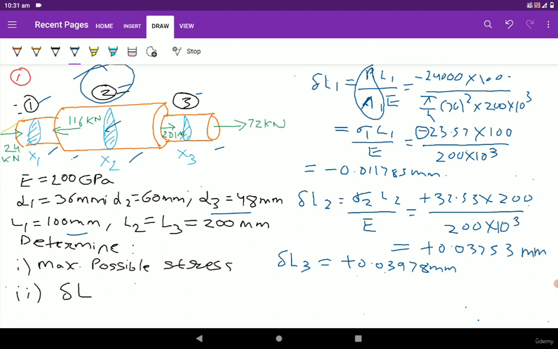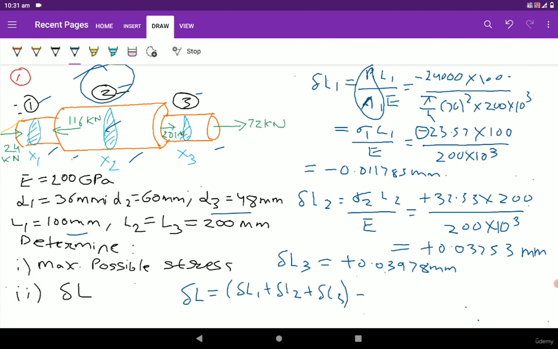Now the final change in length, delta L, we have to take as delta L1 plus delta L2 plus delta L3.